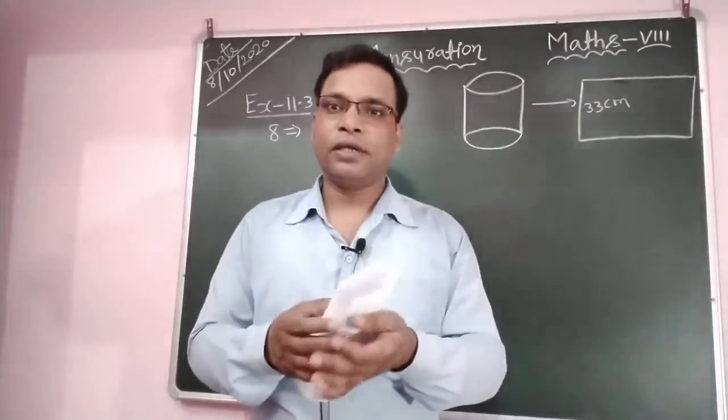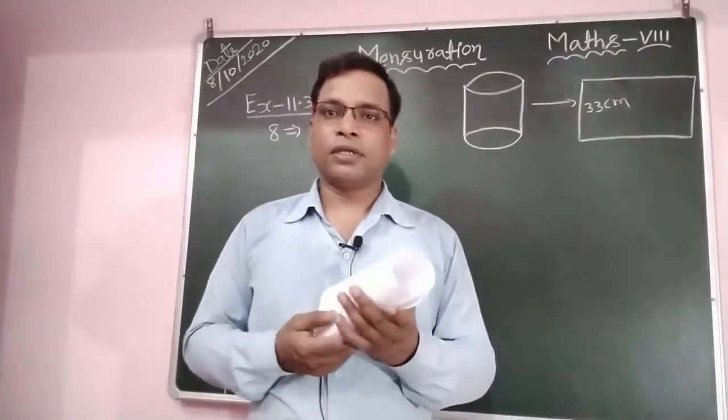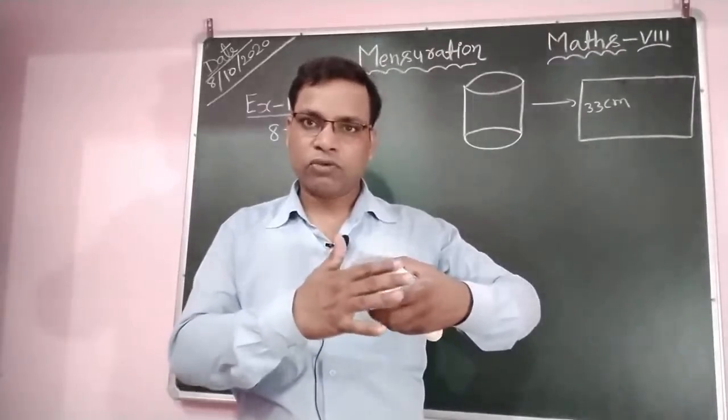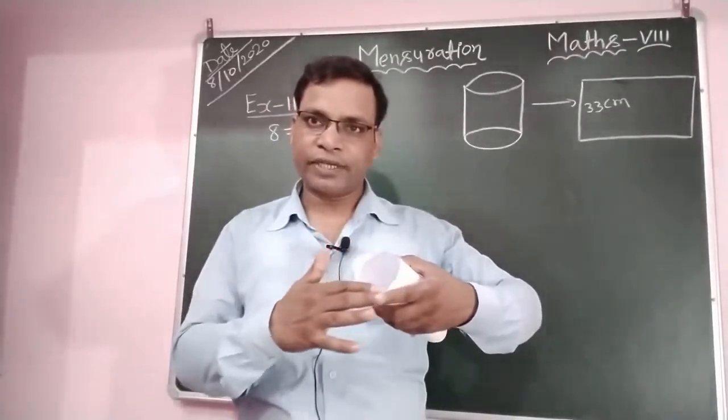If you again make it like this, this is a hollow cylinder. This portion is the length. So how do we find this portion? This is the circumference of the circle.